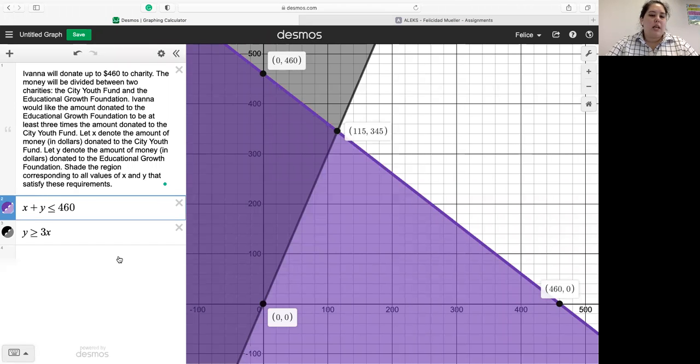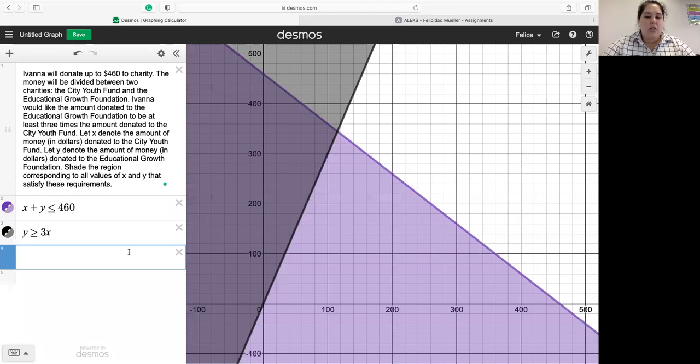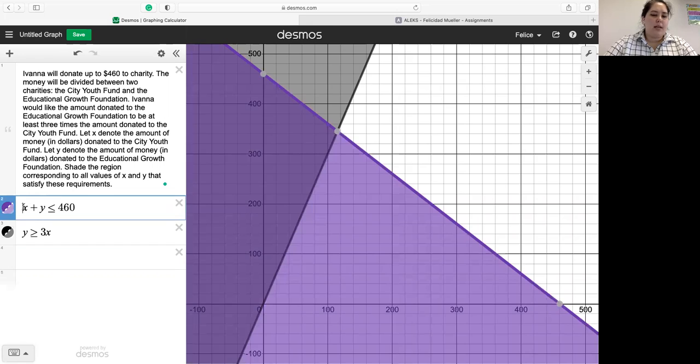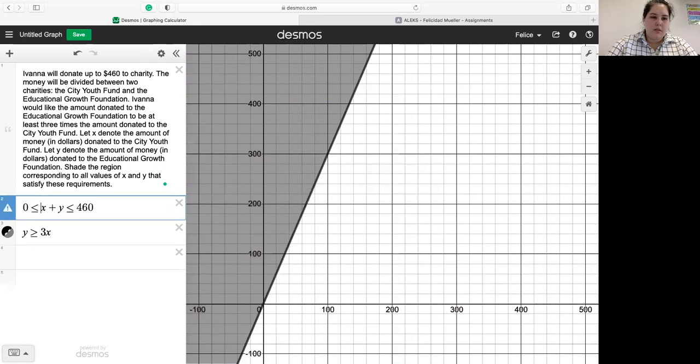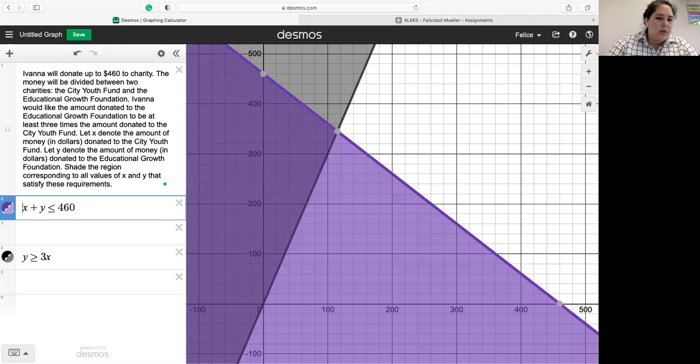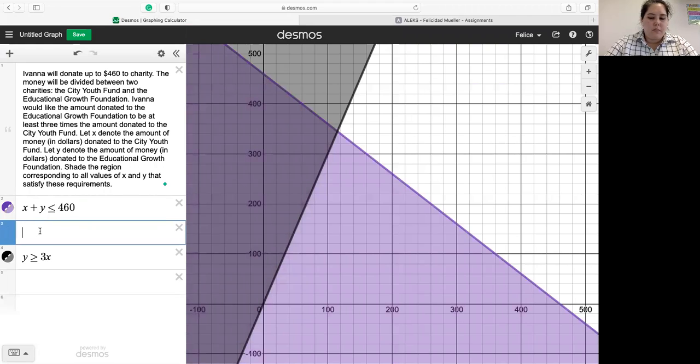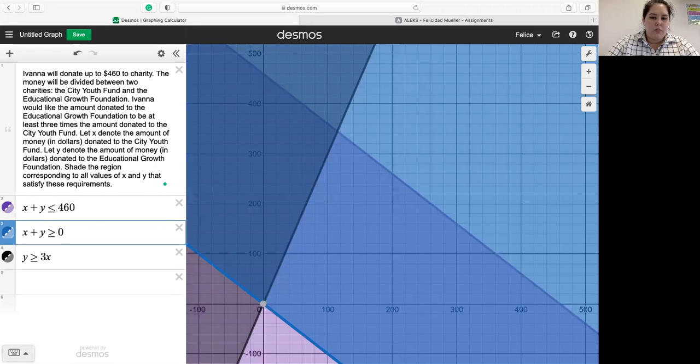The other thing is we actually need a third limitation, in that she has to donate money, not get money. So we're also going to add that X plus Y is greater than or equal to 0.